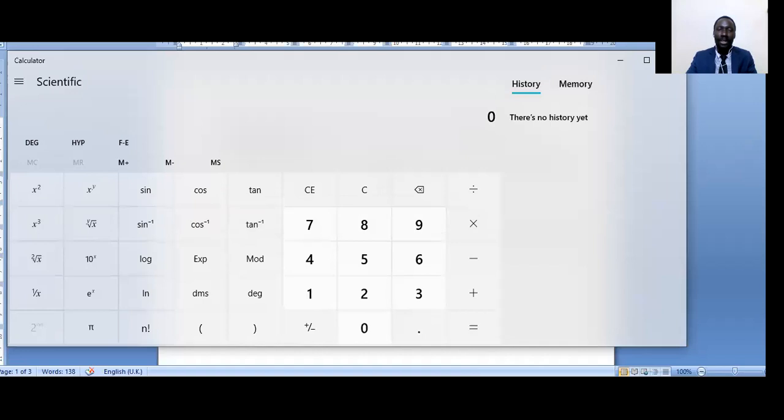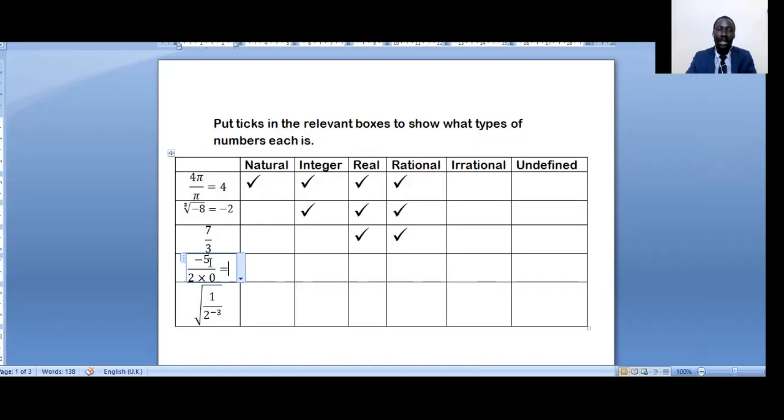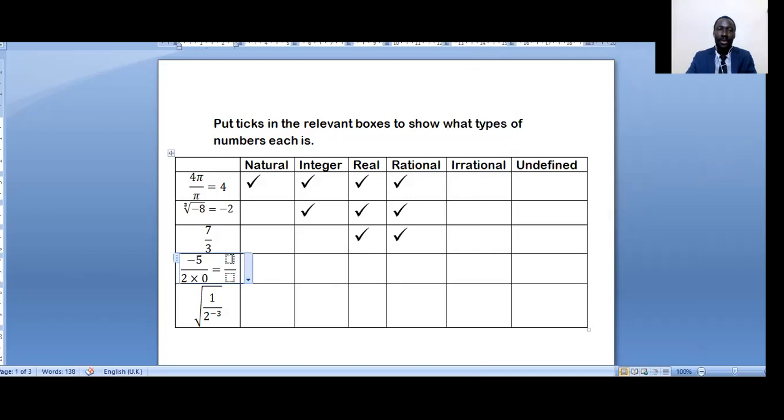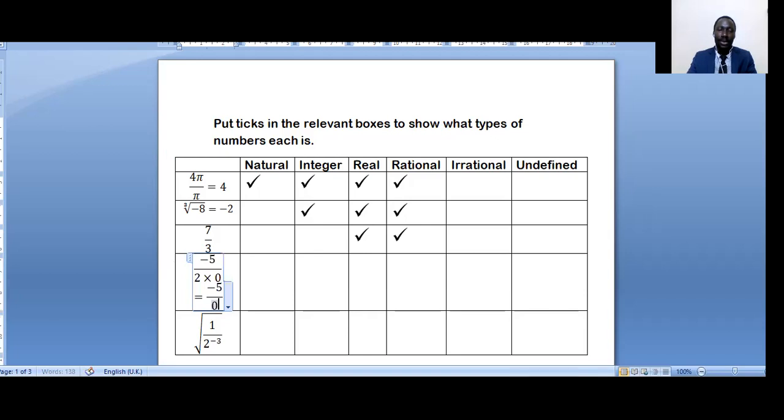So now what have we simplified? We have now got that this can be written as -5 divided by 0. So we want to see what the calculator will say when we divide -5 by 0. What is the calculator going to give us as its response? So let's get that right away.